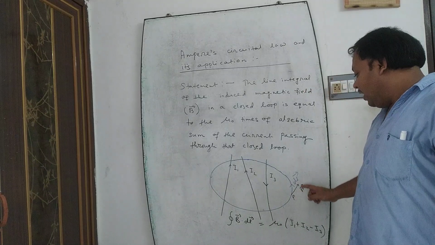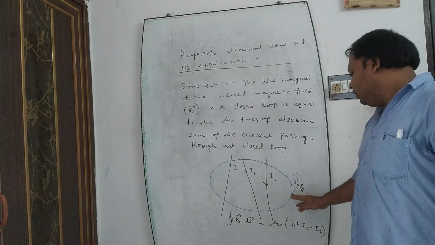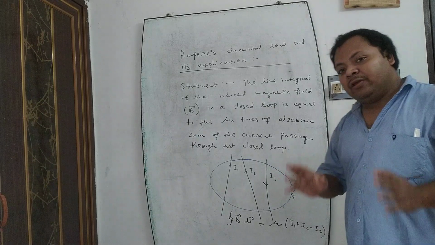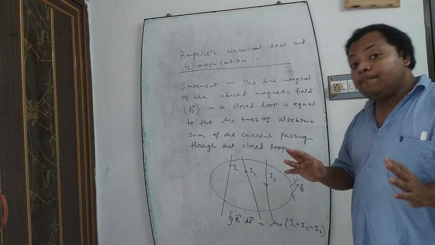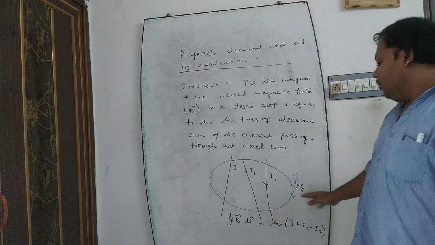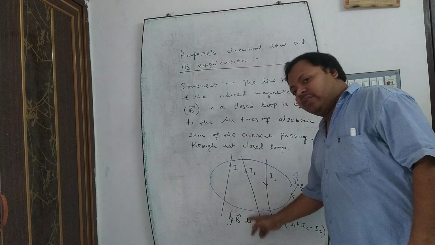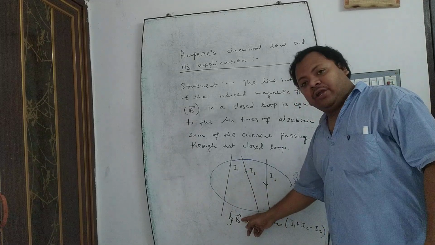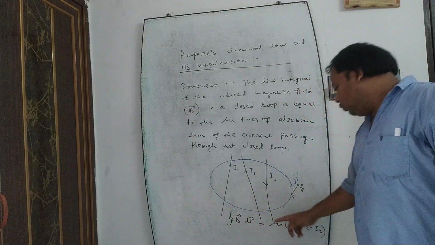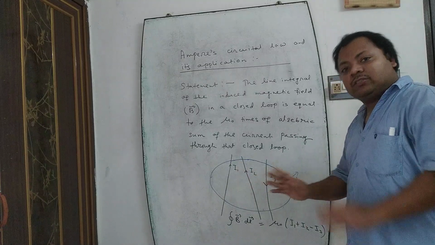Let the induced magnetic field B vector be at P, that is, the induced magnetic field strength at the point P is B. Now the closed line integral of B dot dl is equal to mu0 into the algebraic sum of the currents I1, I2 and I3 and so on.